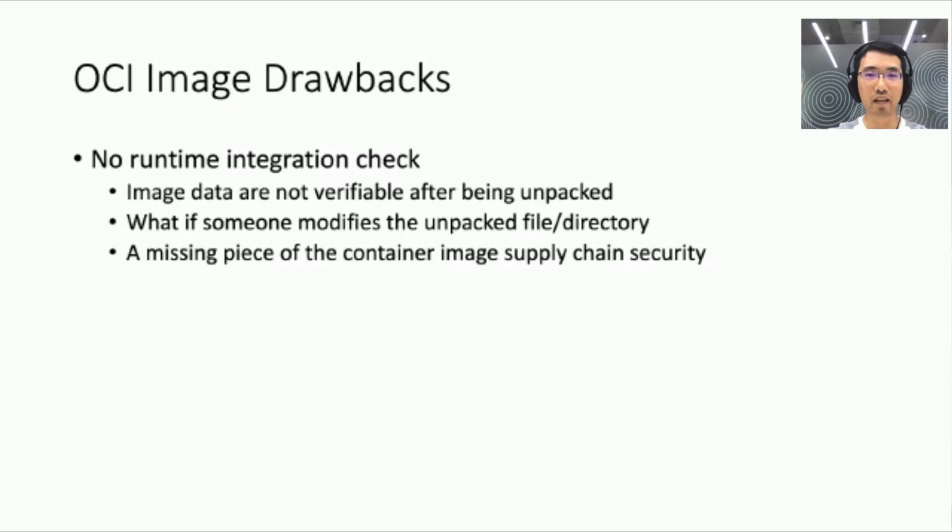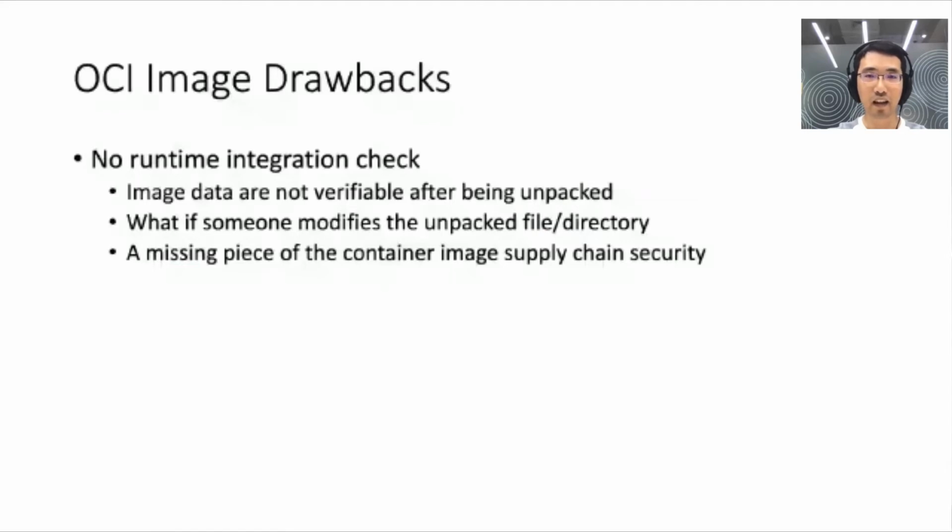Remember, we say a container image is immutable, and we want to make sure the same thing is used everywhere for the same container image. But after the container image is unpacked, the data is not protected by the OCI hash values, so it cannot be verified at all.